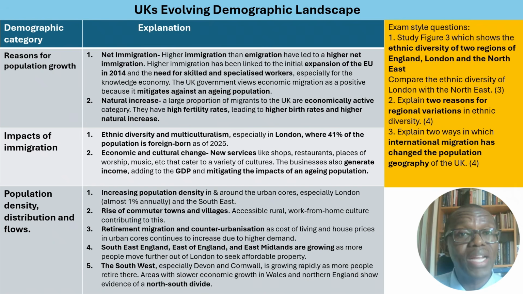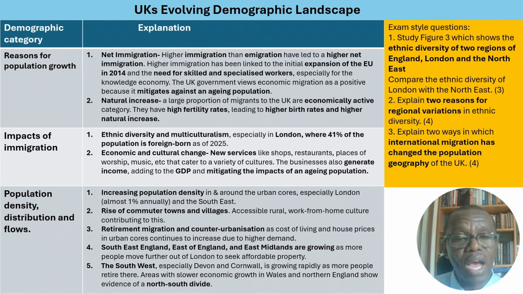Those areas are likely to take the overflow of people from London, and especially with the work from home culture, it means that people who would ordinarily work in London can move to those areas and work remotely from home.